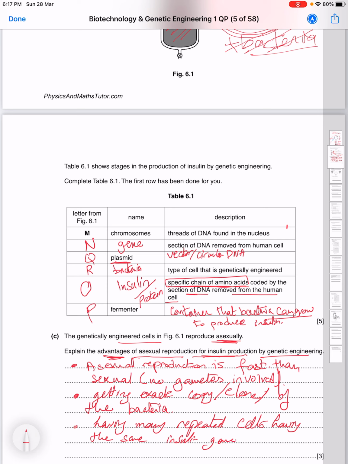So this can lead to a large quantity of insulin. I hope it was clear about the advantages of asexual reproduction.